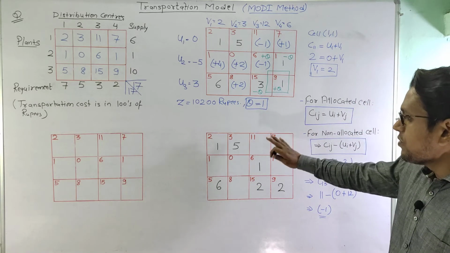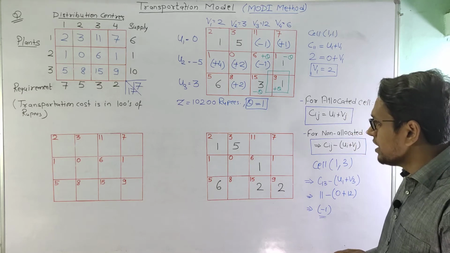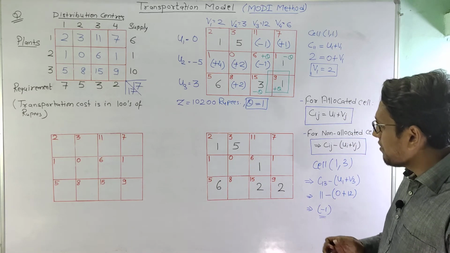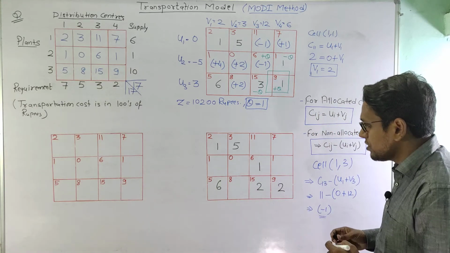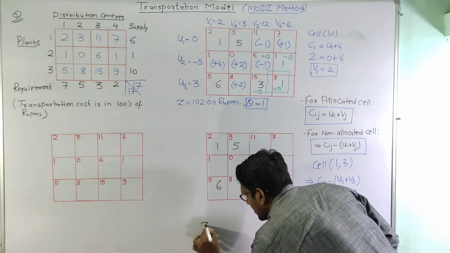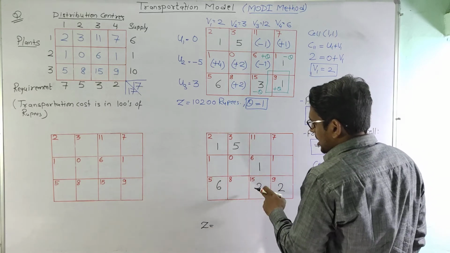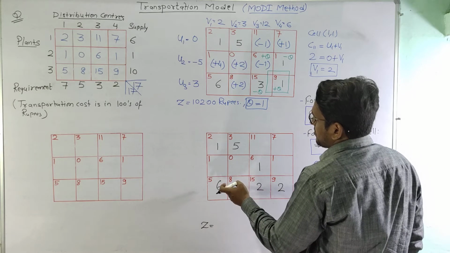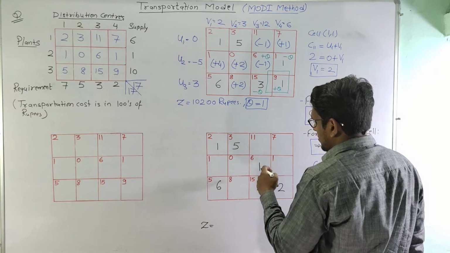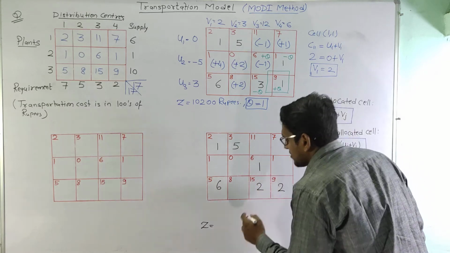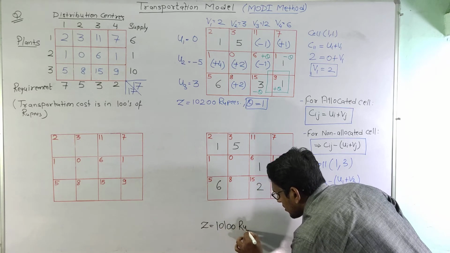So this is our new basic feasible solution, or improved solution, as we call it, and we need to find out the value of z for this particular solution. So the value of z, when we calculate, we will get 15 plus 30 is 45, plus 30 is 75, plus 20 is 95, plus this 10, which is 100 rupees.